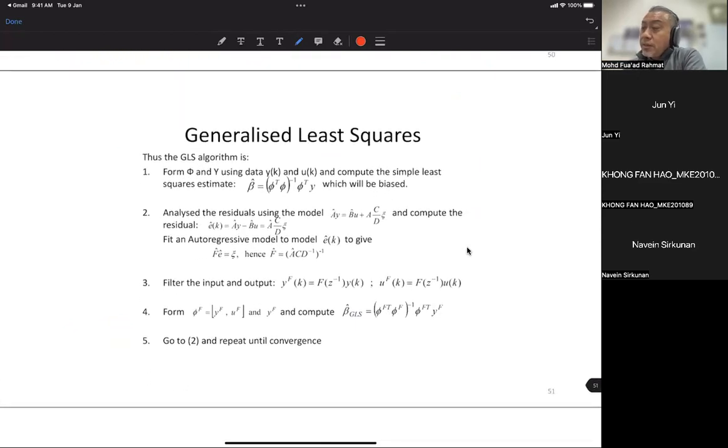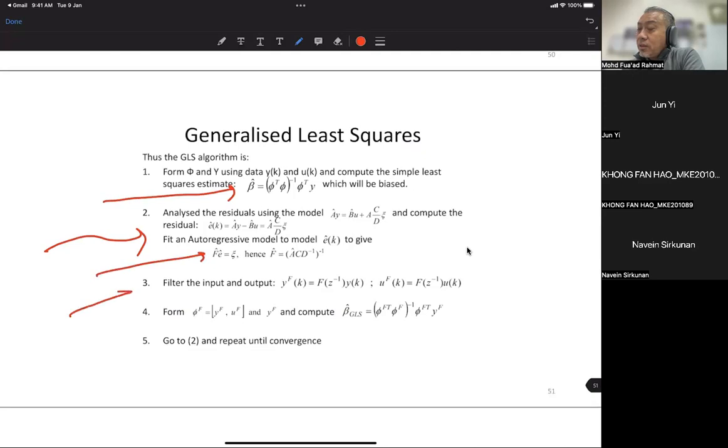Then we generalize the algorithm from zeta and y using the data yk and uk. Compute the simple least square estimate, which is this one, the beta estimate. Analyze the residuals, and then fit an auto-regressive model to model the ek, which gives you this one.